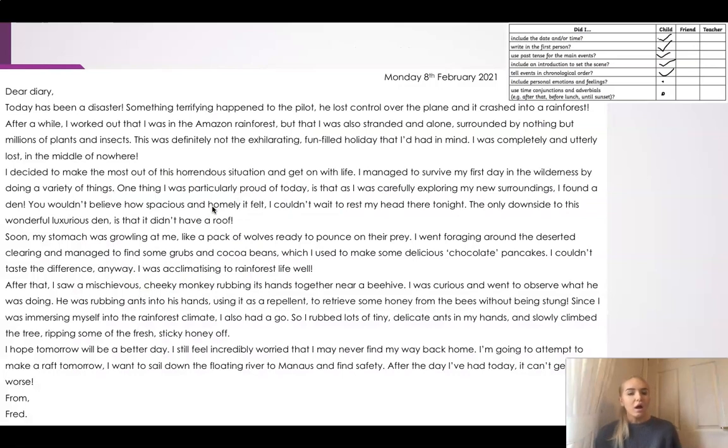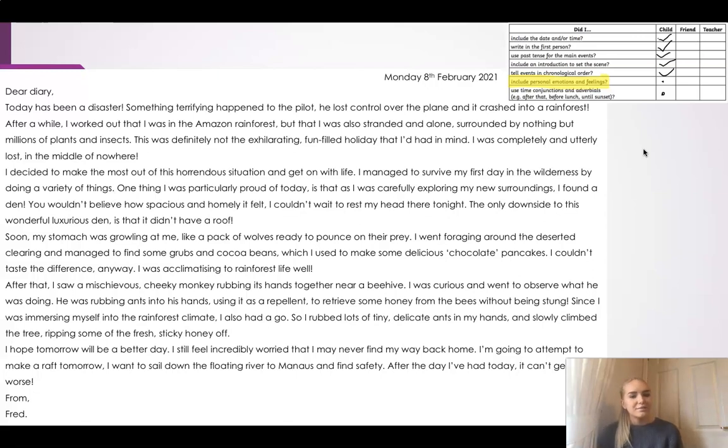So I have got my diary in front of me now and I have got my checklist to the side of me to know that I need to include personal emotions and feelings more and also more time adverbials. And I'm going to focus on reading all of my diary, and then after every sentence I'm going to think, well, how can I make that better? And you're going to help me too.